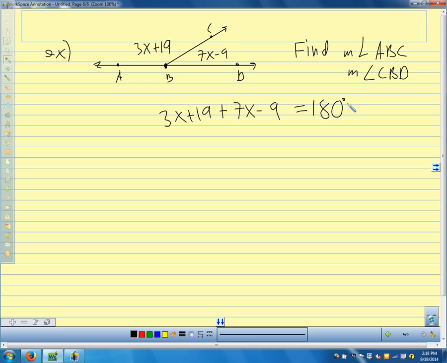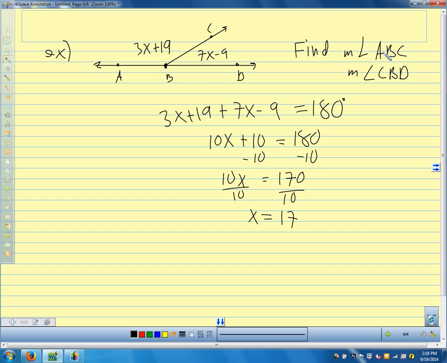We know how to solve this problem. We've solved problems like this all week. So combine like terms, 10x plus 10 equals 180. Subtract my 10, 10x equals 170. Divide by 10, x equals 17.